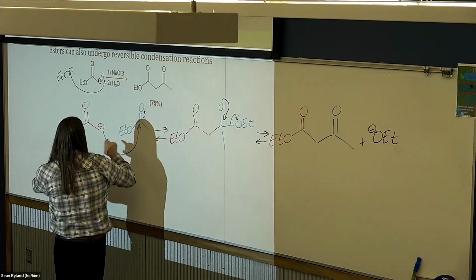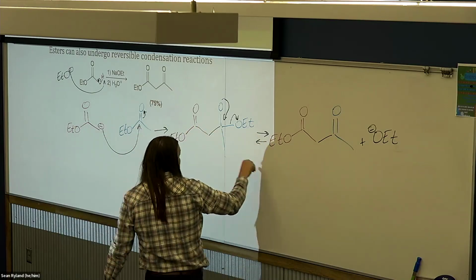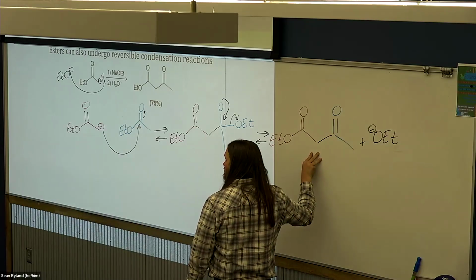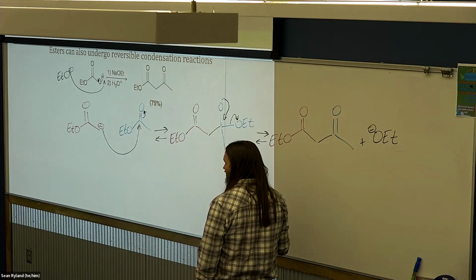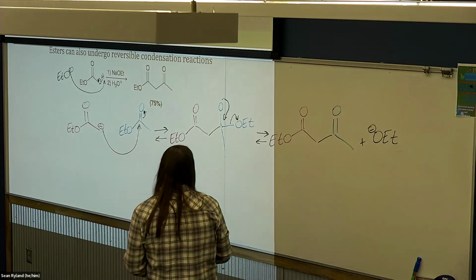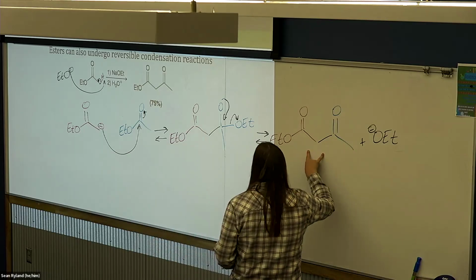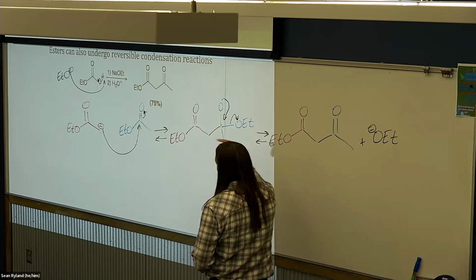Because we started with two of these molecules separate, and then we forced them to come together to make one larger molecule. Two molecules making one larger molecule is always going to be unfavorable for entropy. So low temperatures are going to favor this. If we took this and subjected it to high temperatures, it's going to reverse.